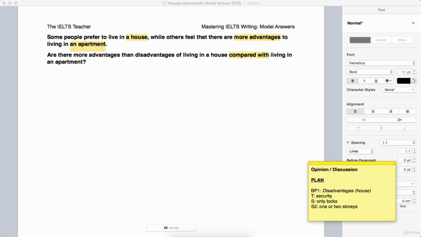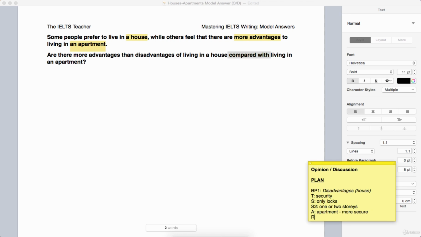Okay, then what we can do now is provide that contrast. We can address that need to compare. So here is where we look at the alternative and we talk about flats. Well, flats or apartments, however you want to look at them, they tend to be more secure. Why do they appear more secure?